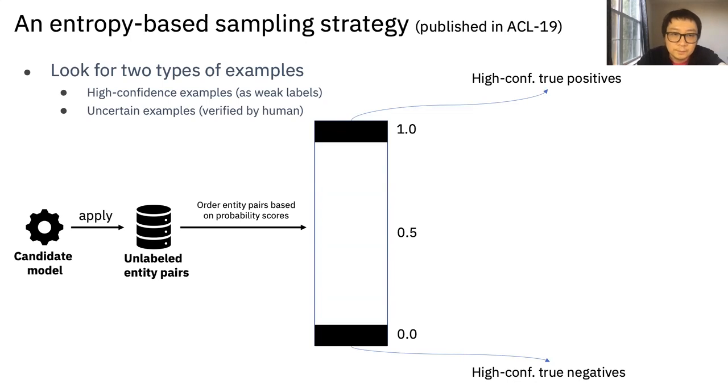For these two types of examples, we don't ask the user to label them. We simply trust them. We trust the labels produced by the deep learning algorithm. And we can only do this because we first do transfer learning. If you have a random model to start, for example, if you want to directly use active learning from scratch, you start with a random model, and then you use its high confidence true positive examples and high confidence true negative examples, based on our experiment, there are many errors.